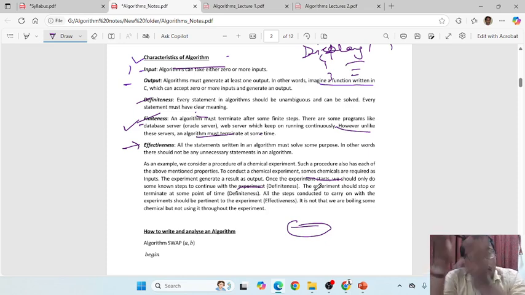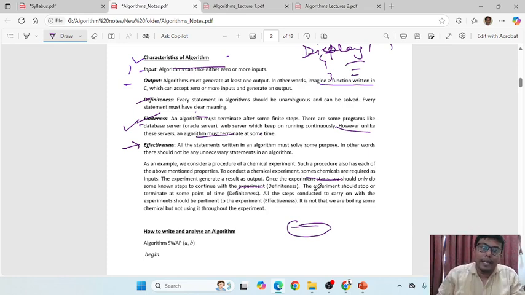You are not following any steps in the midst of the experiment which do not contribute to that particular experiment. No unnecessary steps are followed. Whatever steps you follow, all of them contribute to the success of the experiment. So, in other words, that is effectiveness.